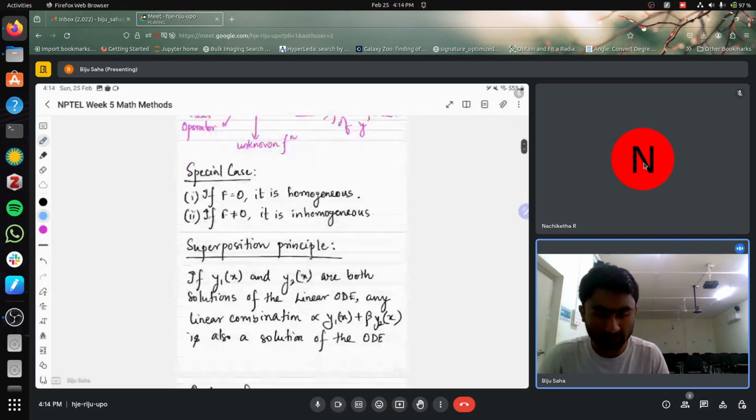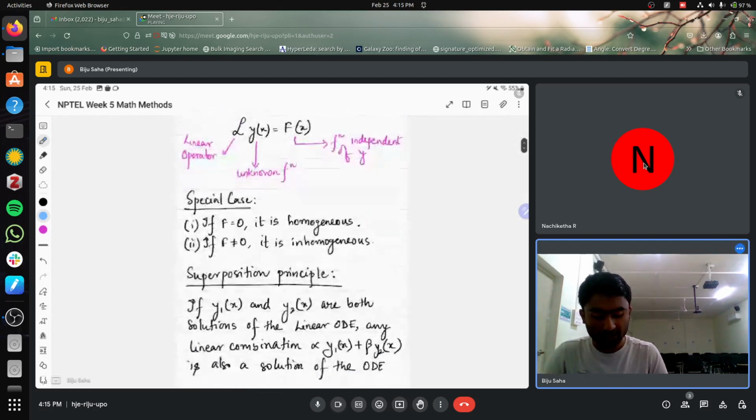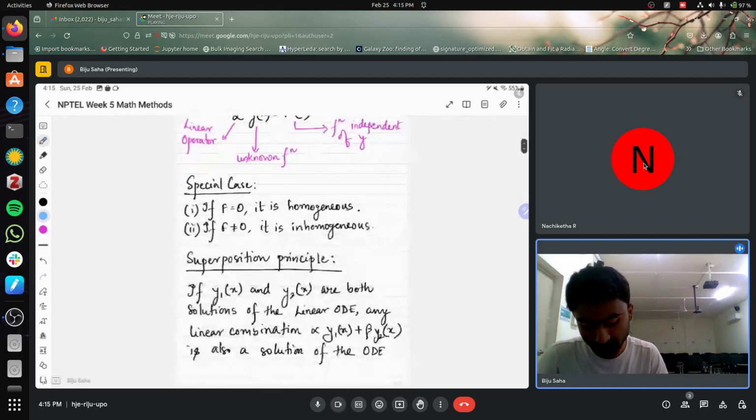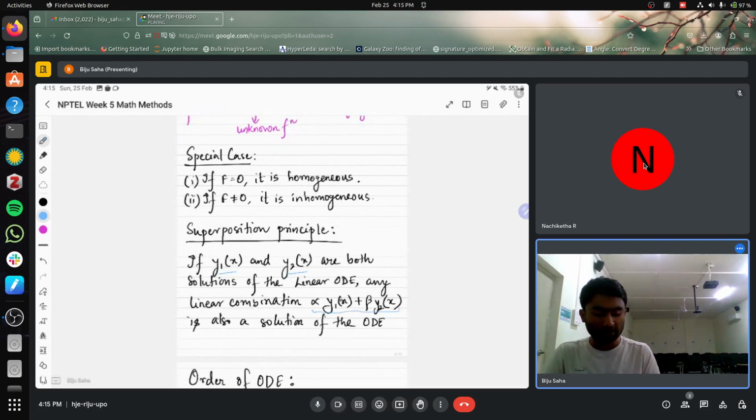One very important property of linear differential equations is this: suppose your linear differential equation has two solutions given by y1 and y2. Then any linear combination of them, let's take alpha y1 plus beta y2, is also a solution of the ordinary differential equation.